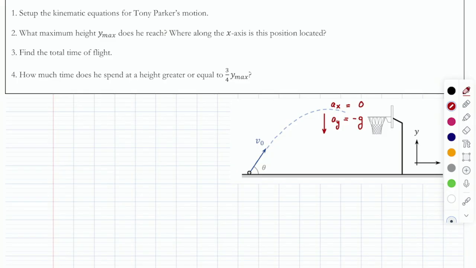Then here I know that the x component is going to be v0 cosine theta, and the y component is going to be v0 sine of theta. And then as far as the origin for x and y goes, I'll just place the origin here, and that means that x0 and y0 are going to be 0.